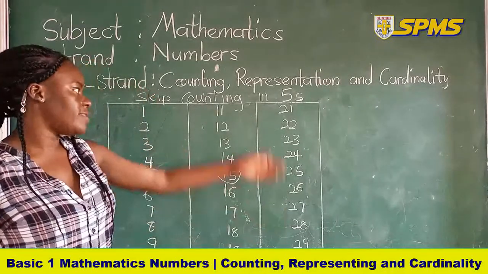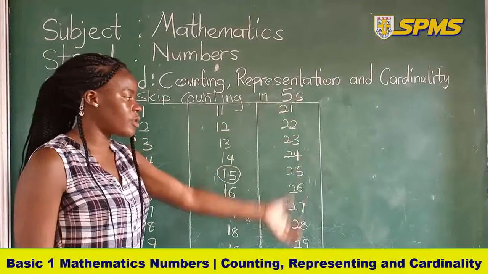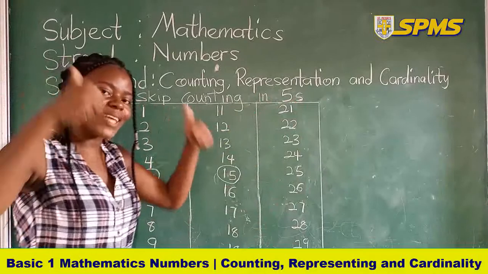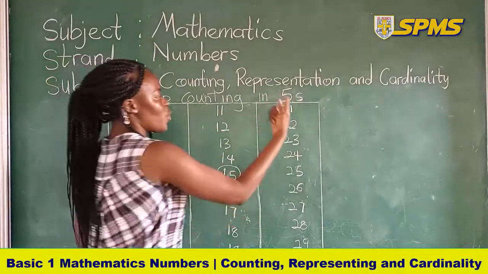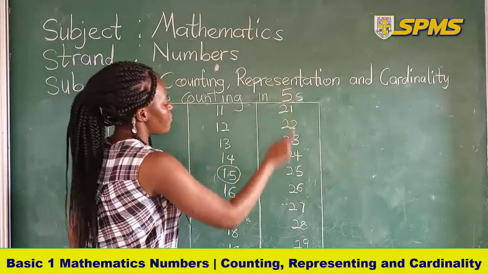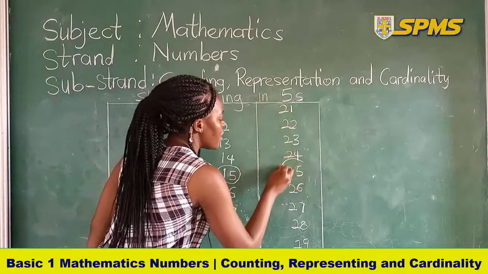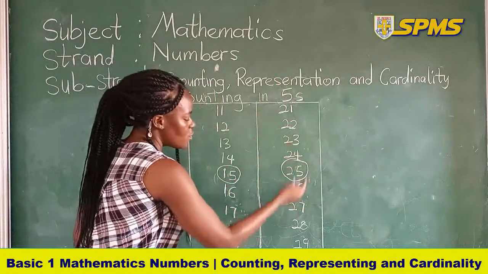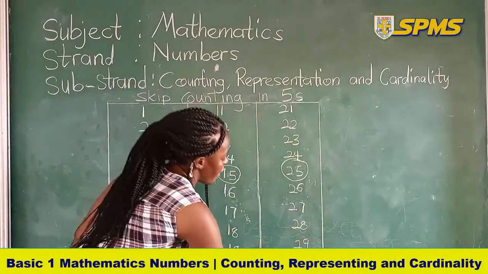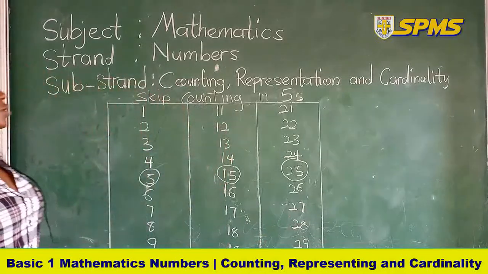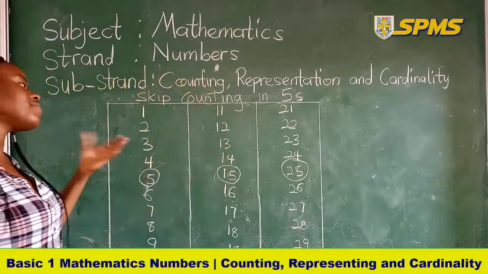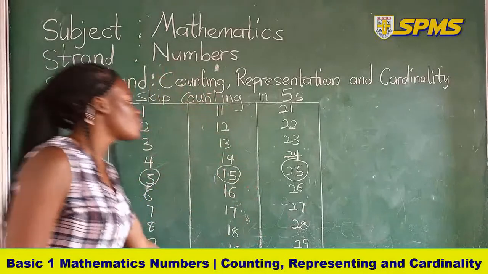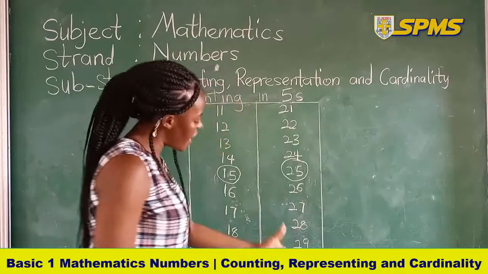So what will be our next number over this column? 25. Very good. 1, 2, 3, 4, 5. Circle this. Next number. 1, 2, 3, 4, 5. Circle this. So in our 5s, we have 5, 10, 15, 20, 25, and 30.